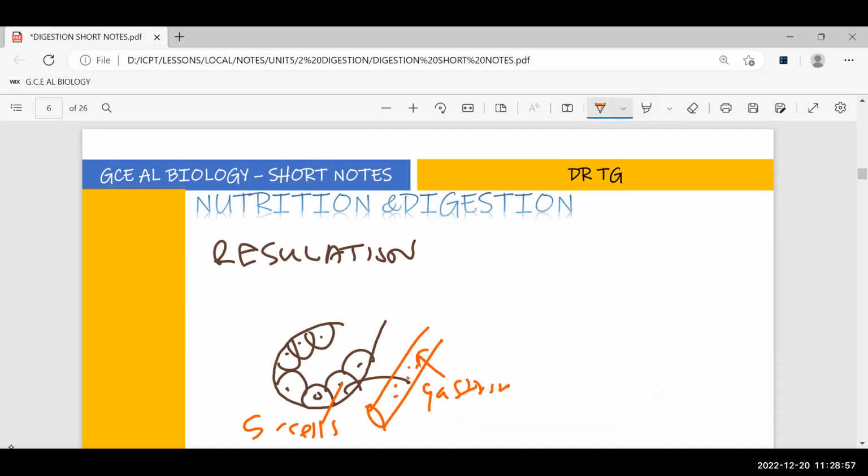Gastrin has one important function: regulation of hydrochloric acid secretion.